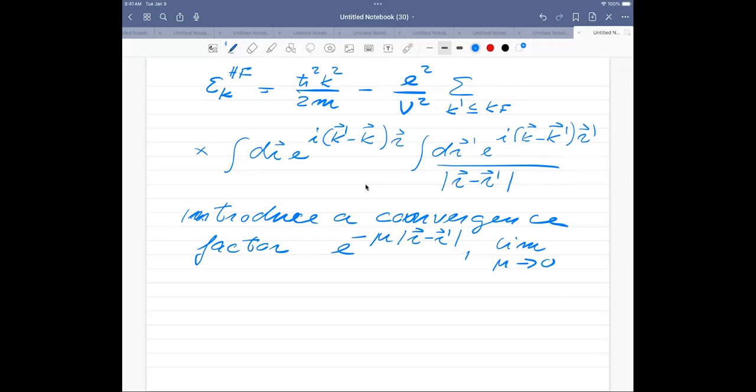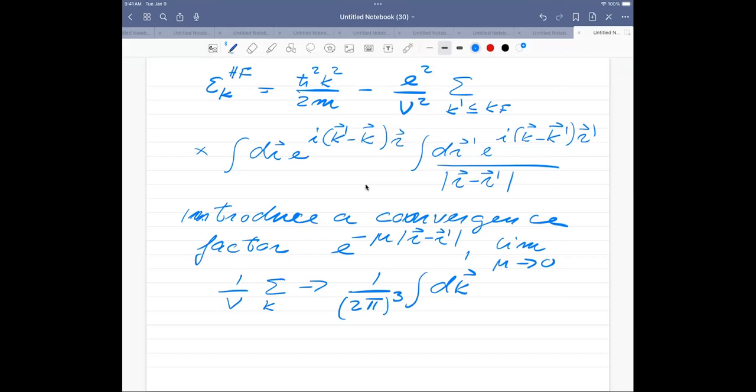Another thing we're also going to do now is to use the fact that this 1 over V, when I have a sum over k, where the sum is limited to a specific value, is something which you probably have seen before. It can be rewritten in terms of the density of states as an integral over dk.